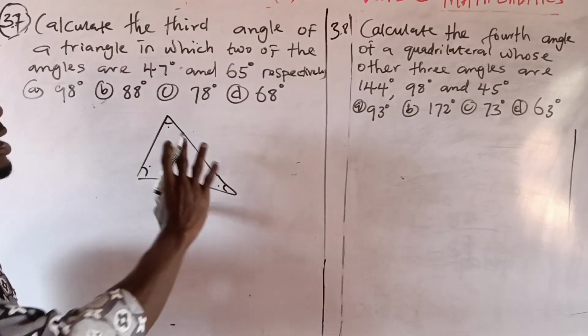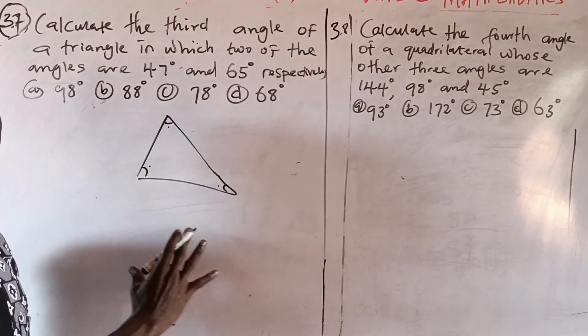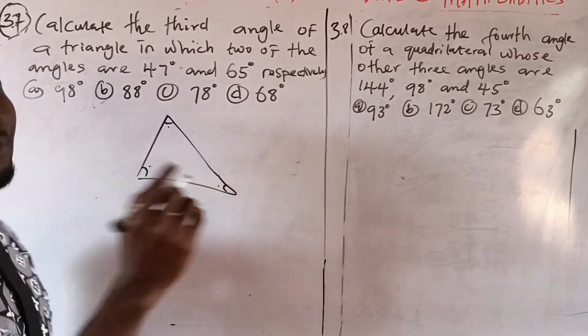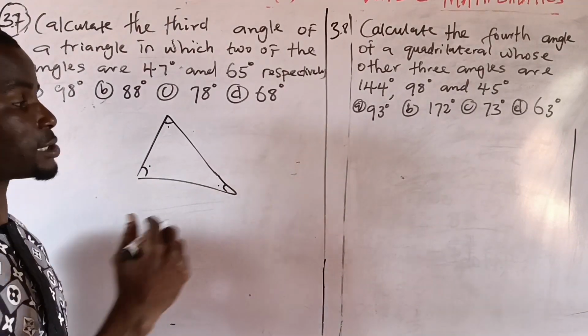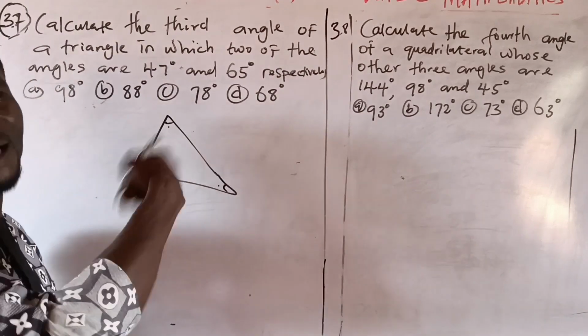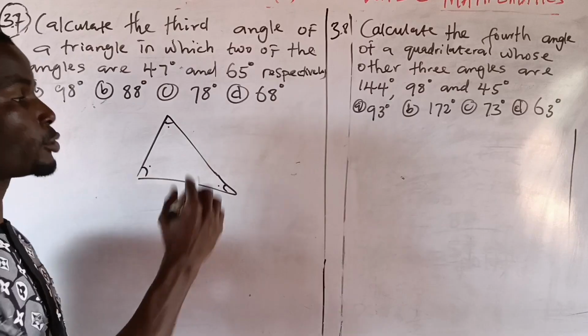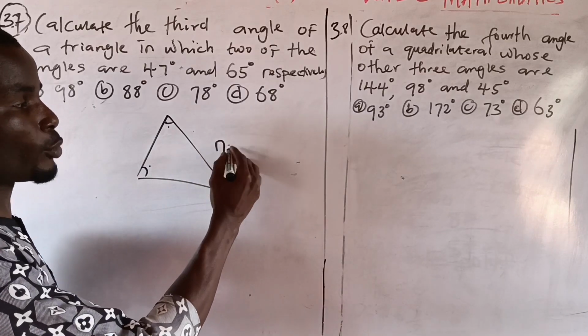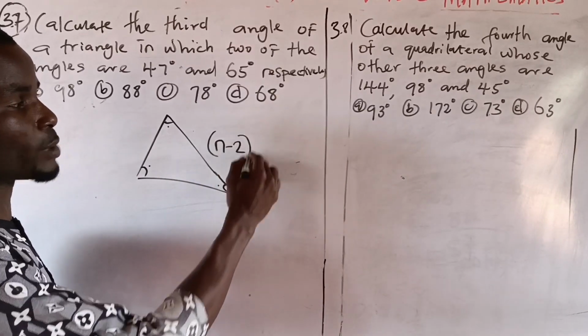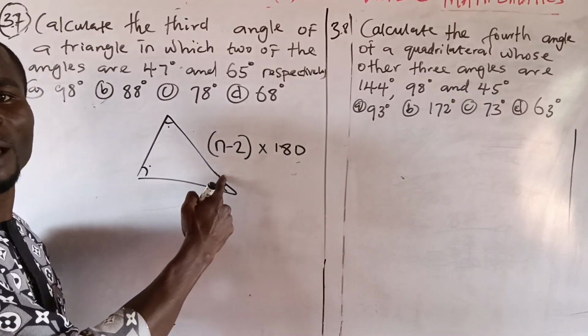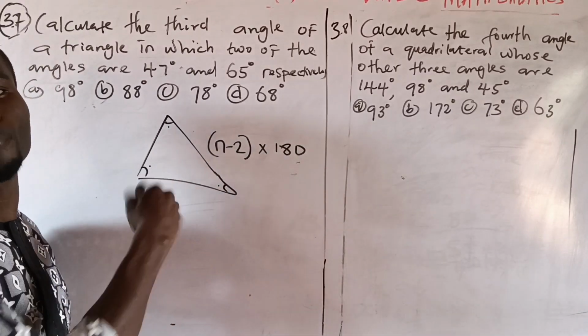And to calculate an angle of a triangle, you must know the sum of the angles of a triangle. I told you in my previous lesson that to calculate the sum of the angles of any polygon, you need this formula: (n minus 2) times 180. That is the formula you use for any polygon.